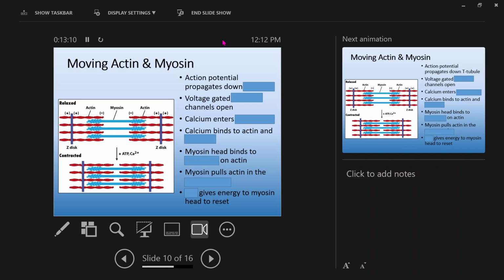So we generated an action potential in my muscle cell. That action potential is propagating down the sarcolemma, my plasma membrane, and it's going to dive down what structure? The T-tubules. The T-tubules are in a triad, a set of 3 tubes. T-tubule in the center, it's sandwiched between 2 tubes that are making up part of the sarcoplasmic reticulum.